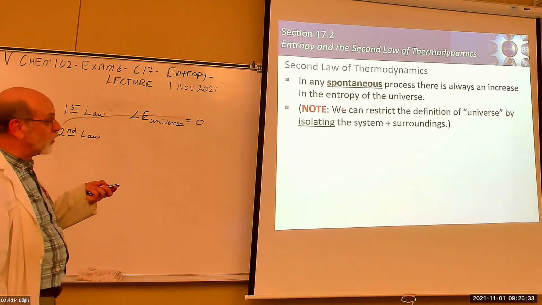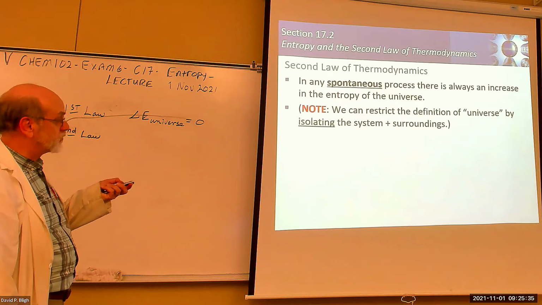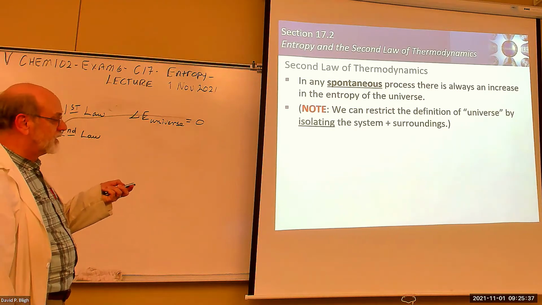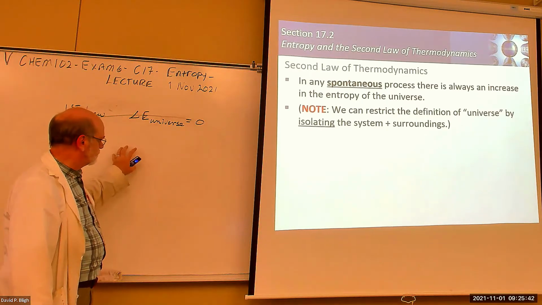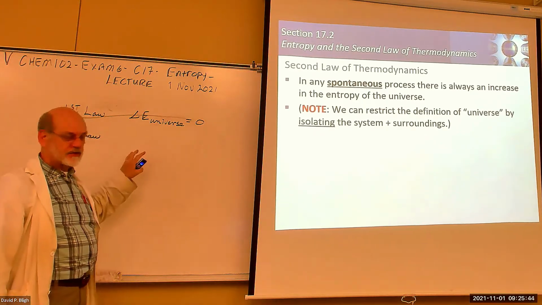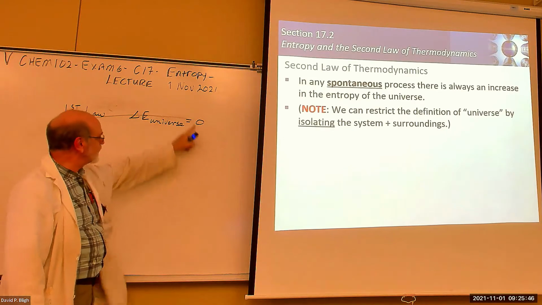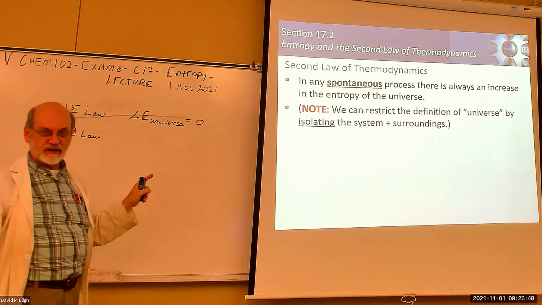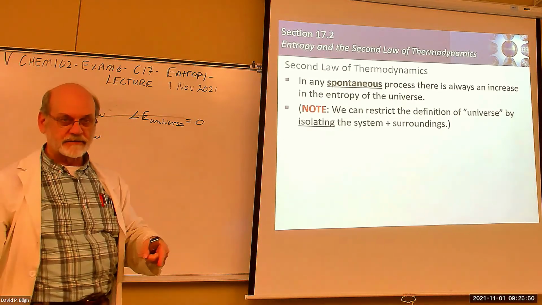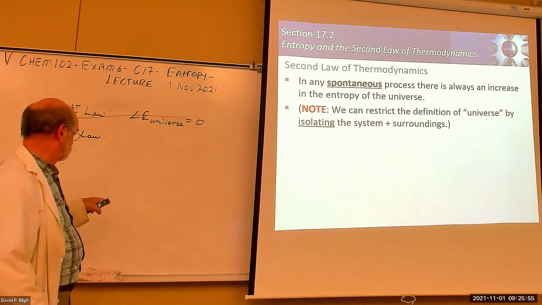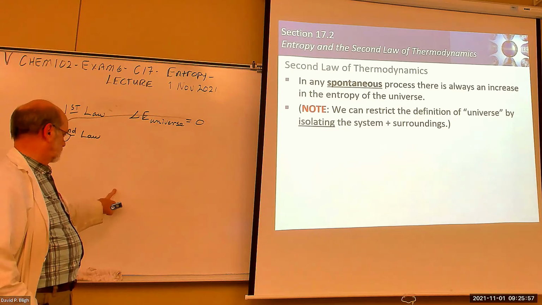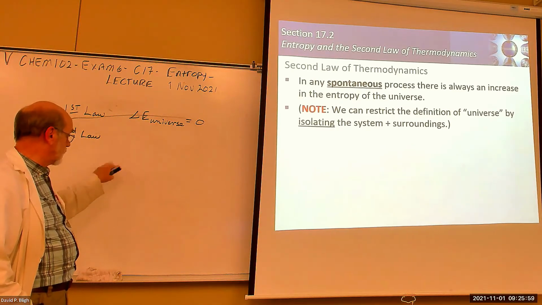Now that's for the whole universe, the entropy of the entire universe. When we discuss localized problems, we can isolate a system and surroundings, and that becomes our universe. And in that case, if it's isolated, the entropy has to be 0.